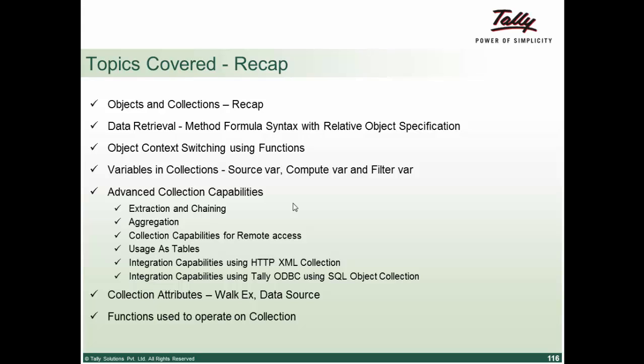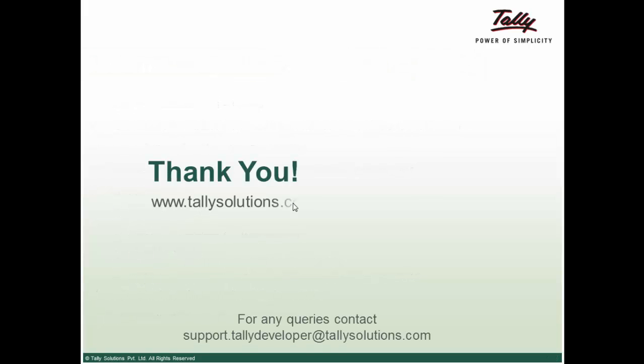We learned about access name, object context switching functions, variables in collection, the advanced capabilities, usage as table, the remote access capabilities, attribute walk, EX, data source and functions to operate on collections. So this is a summarized slide of what we have gone through, the 2 videos of our objects and collections.